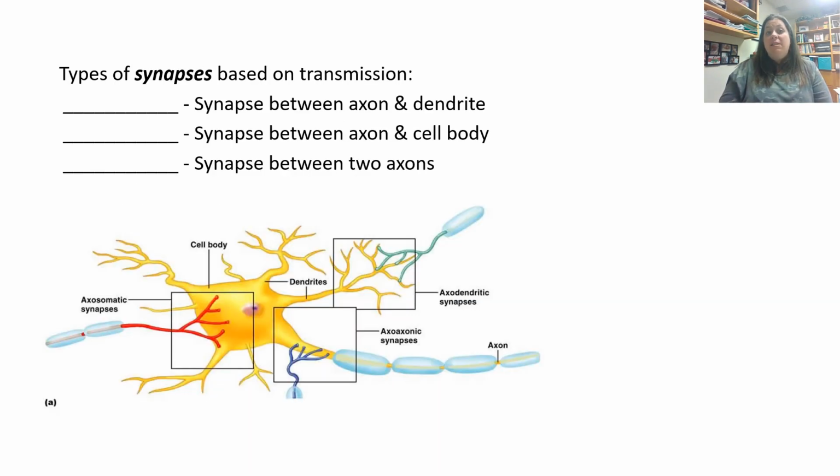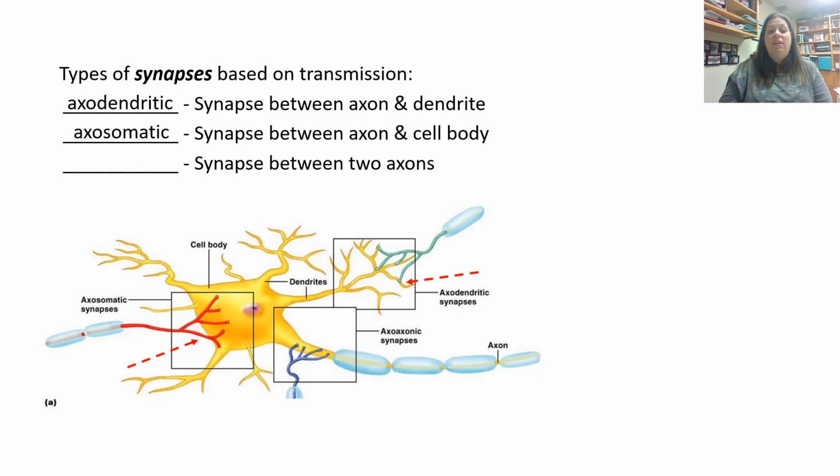Now, these types of synapses can also be classified based on their connections. If a synapse is between an axon and a dendrite, it's called an axodendritic synapse. Okay, and we can see in this particular example the green axon talking to the yellow dendrites. When we look at an axon to a cell body, this is called an axosomatic synapse.